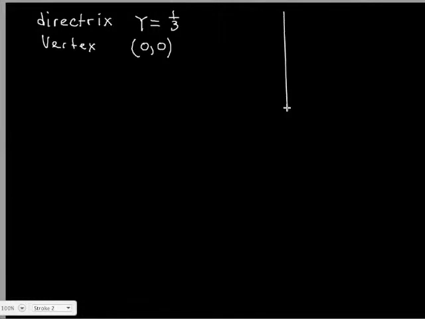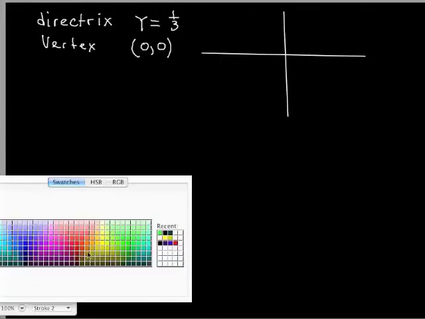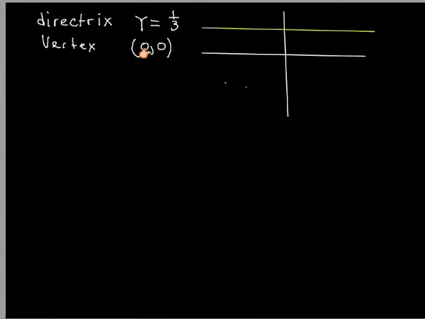Again, sketch out your graph and let's plot out our directrix as well. Again, you have your x and y axes here. Sketch out your directrix, which is a line, y is equal to 1/3, and this is your vertex.